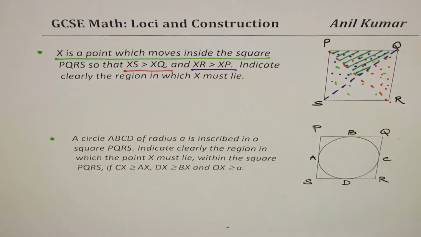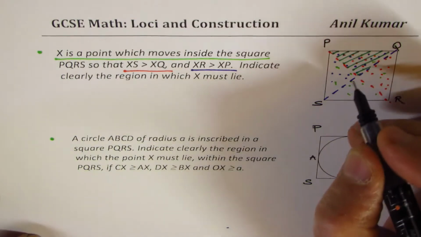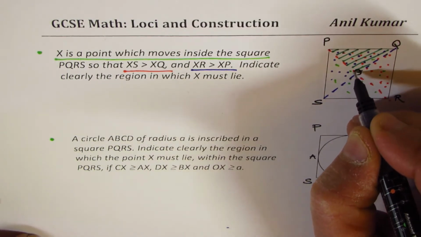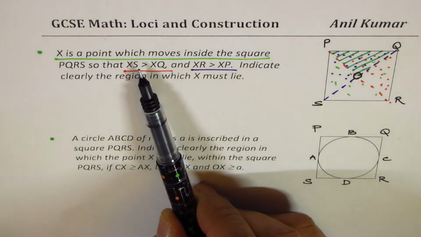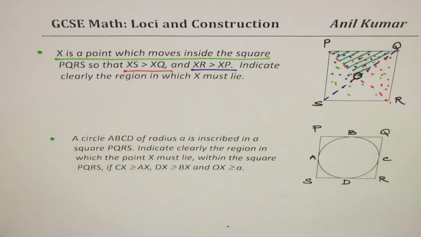That is how we are going to provide the solution. And of course, the center point is not a part of our solution, so I'm putting a big hole there, since we are talking about greater than, not equal to. Is that clear?